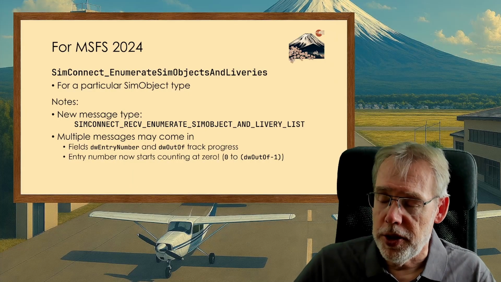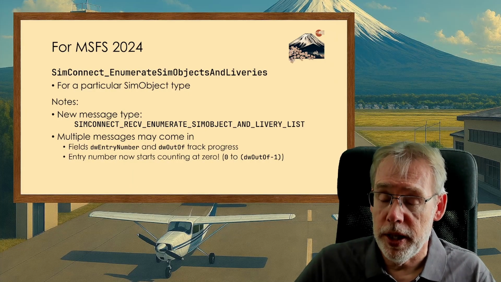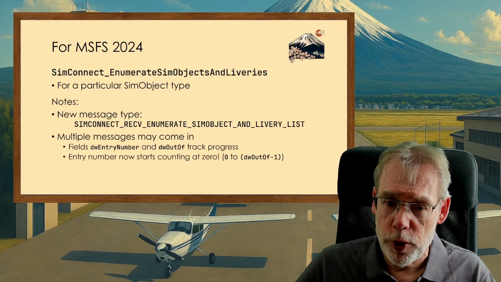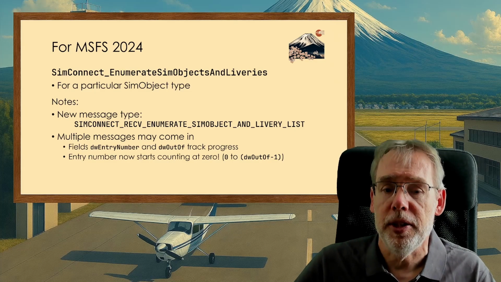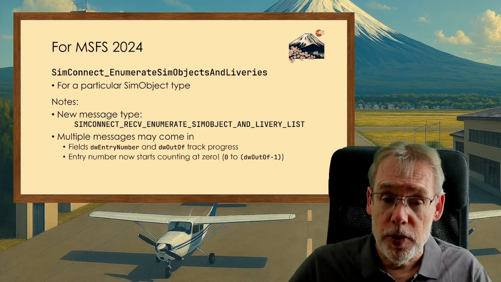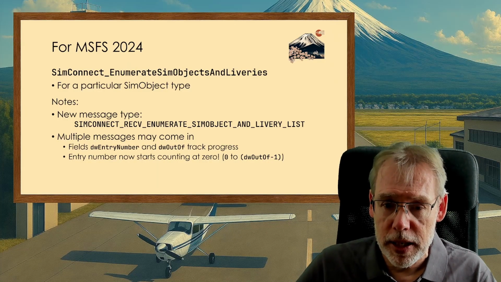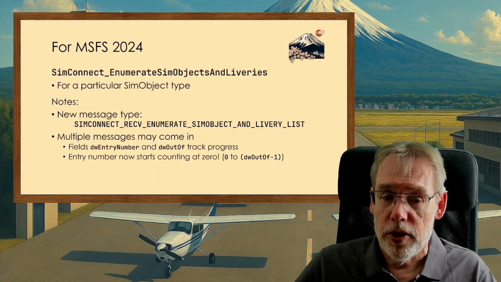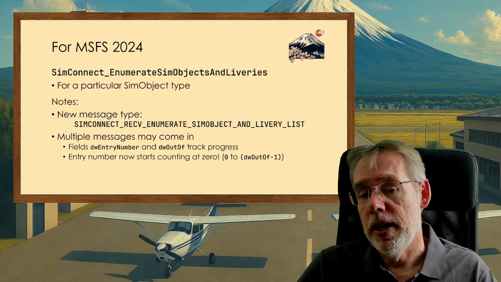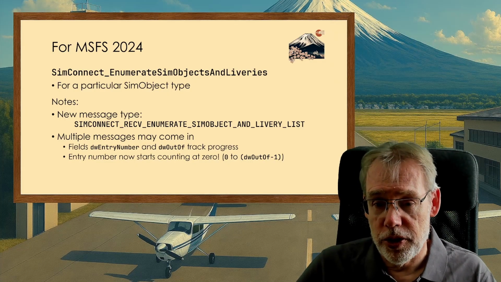With the SimObject data by SimObject type, you may remember we also had these fields, but then they were named in all lowercase. Now you see them named in camel case. And the other difference is they used to start at 1 and now they start at 0.